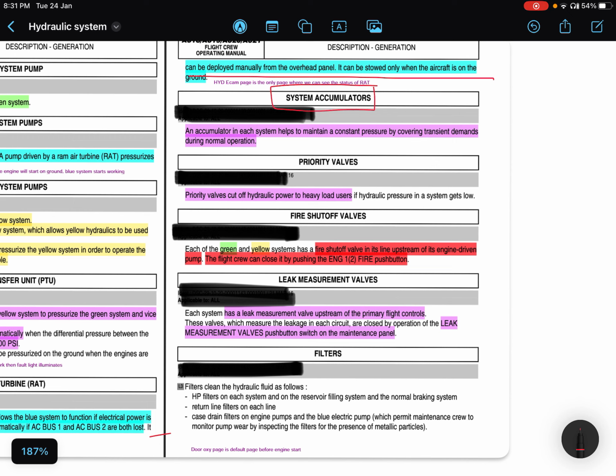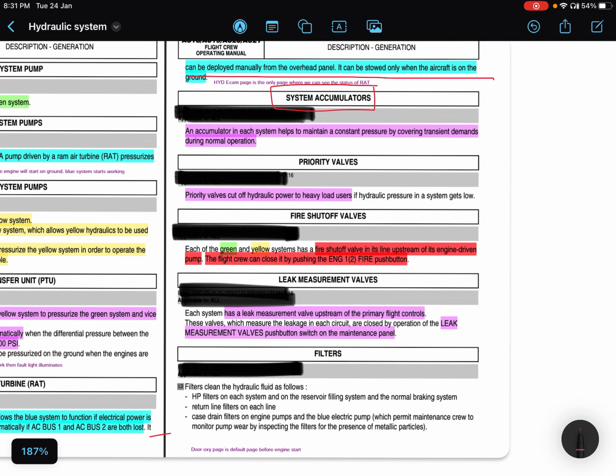Basically these are, I would say, some piston-like things which store some pressure in themselves, and they help to maintain a constant pressure by covering transient demand during normal operations.